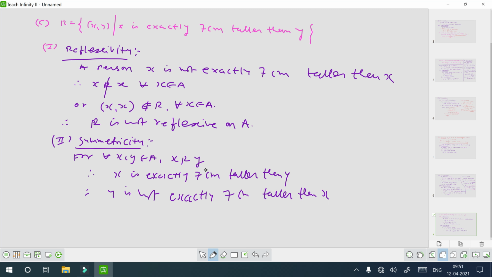And therefore y is not related with x, that is, the ordered pair (y, x) is not in R, and therefore R is not symmetric on A. Next, we have to check the third one, transitivity.